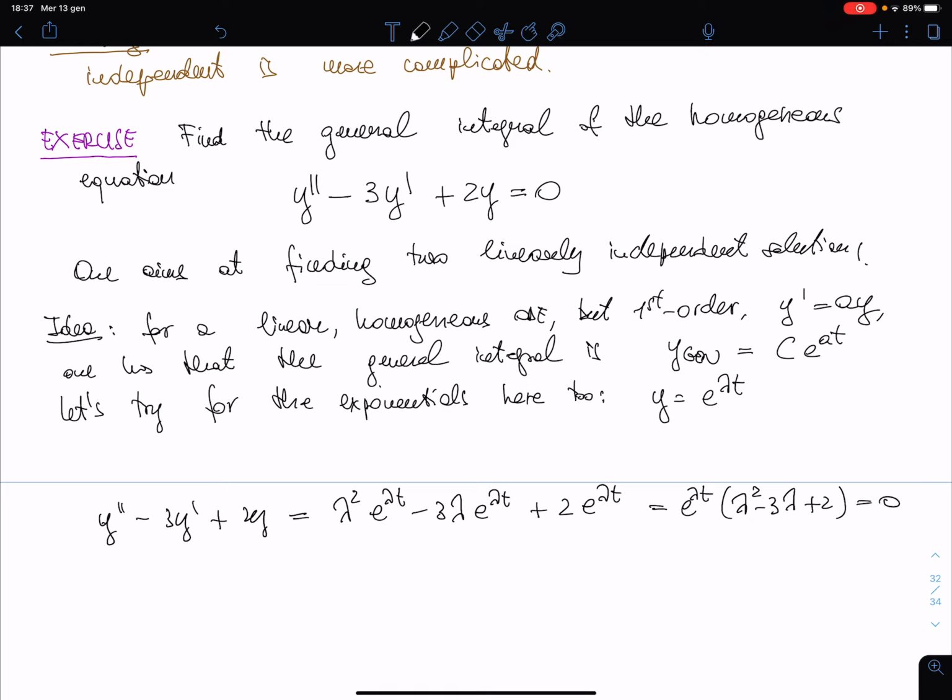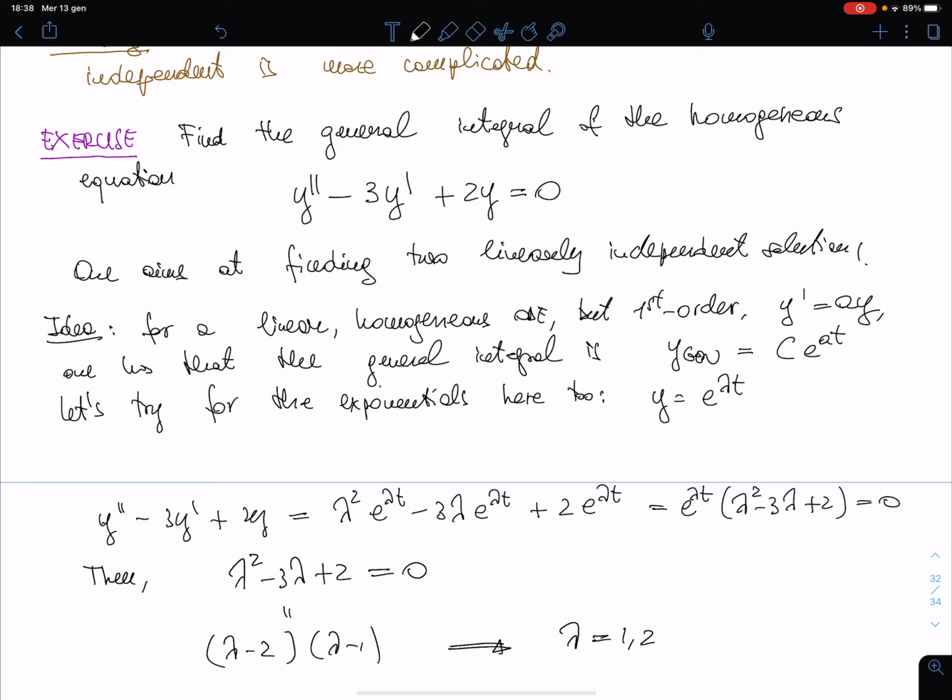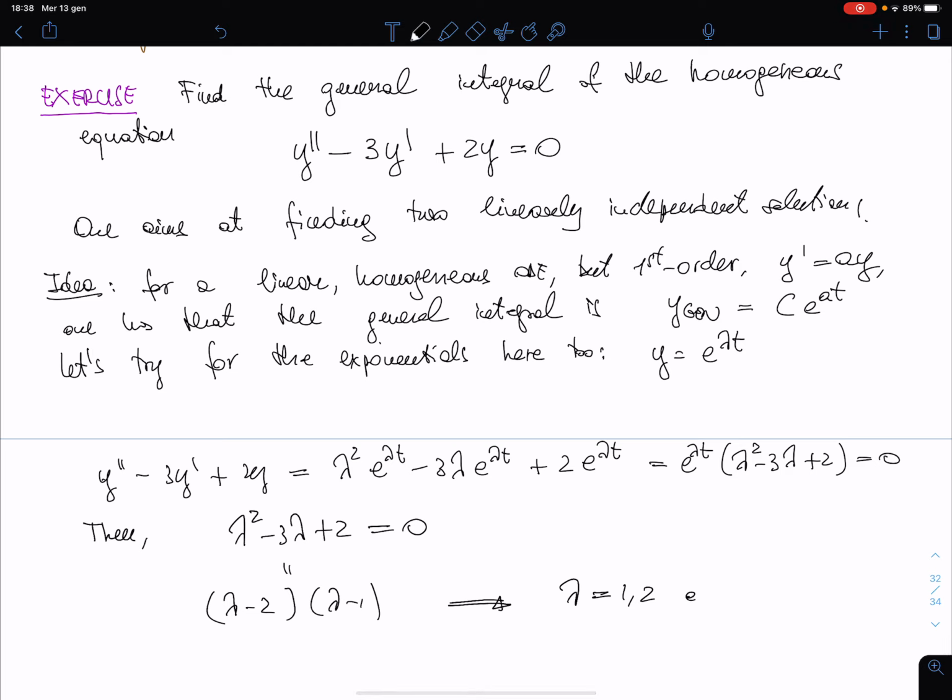Since the exponential is never equal to 0, lambda squared minus 3 lambda plus 2 must be equal to 0, which is lambda minus 2 times lambda minus 1, then lambda equal to 1 and 2 are the solutions to the algebraic equation.